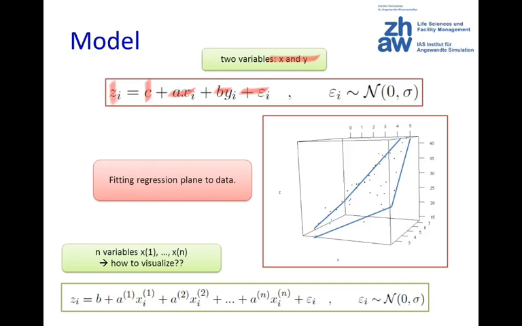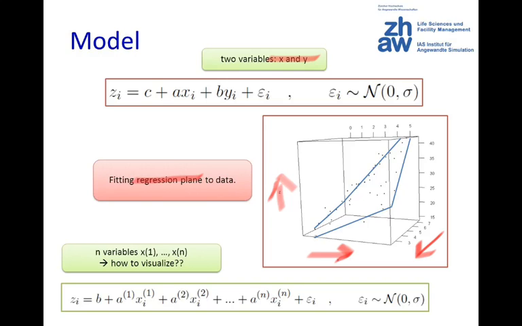This error term epsilon i needs to be normally distributed with always the same variance sigma. So the variances for all points have to be the same. Now this means that we can fit a regression plane to our data. We have the z-axis that goes in this direction, we have the x-axis, and we have the y-axis.